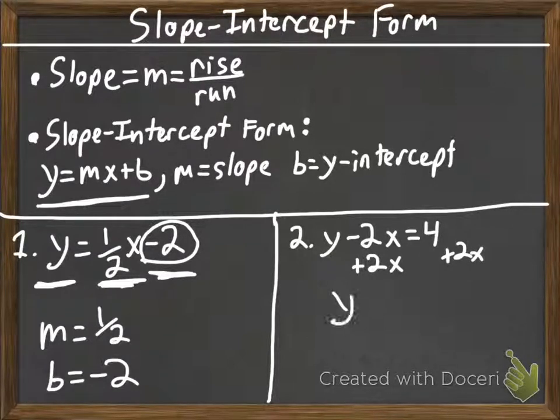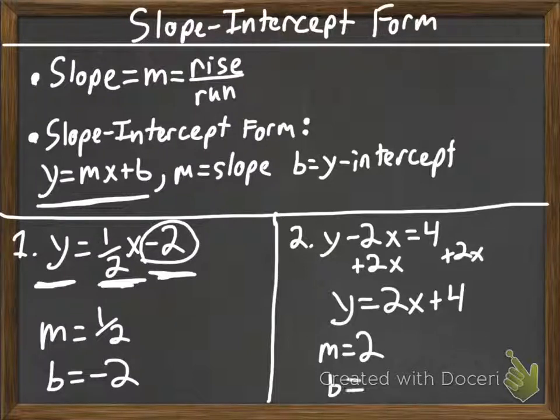And when we rewrite it, we get y equals 2x plus 4. Always try to put it where your x is first before your intercept, just so you get used to seeing it in that form. So now we identify our slope is 2 and our y-intercept is 4.